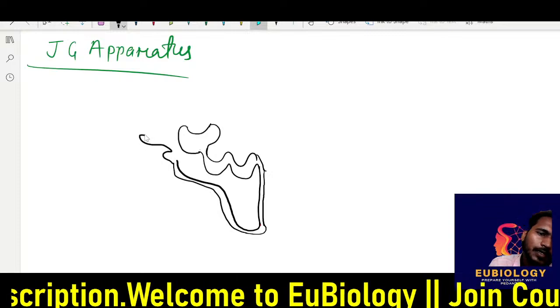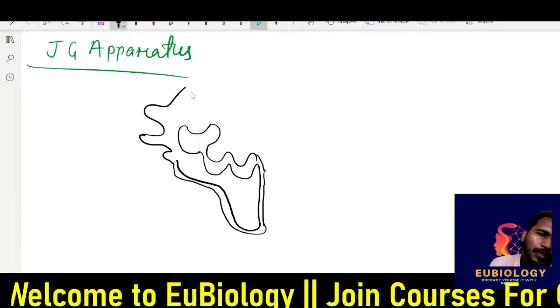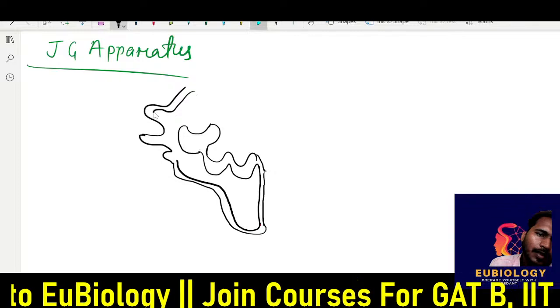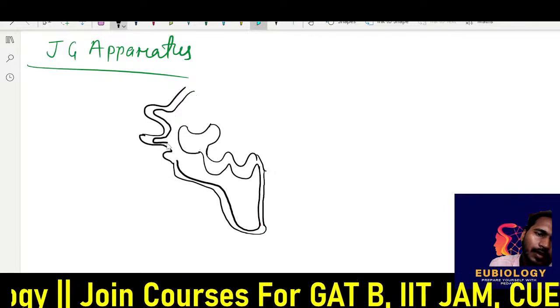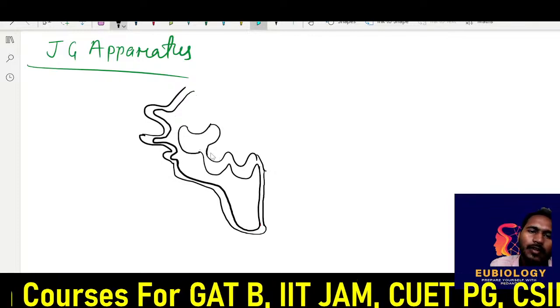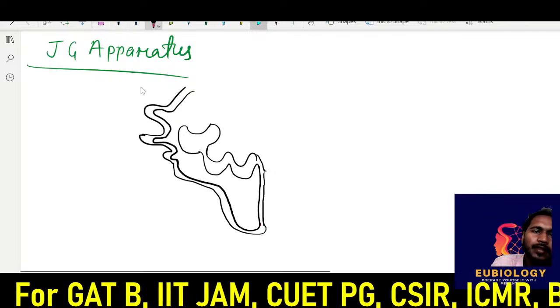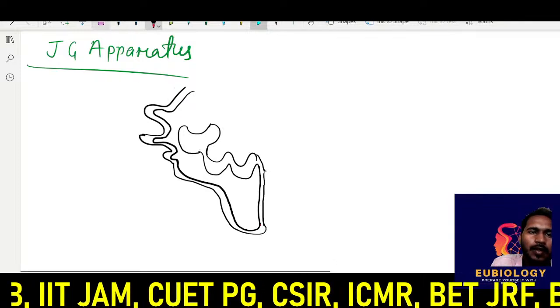Have you seen this type of nephron? No, this is the first time you are seeing it.